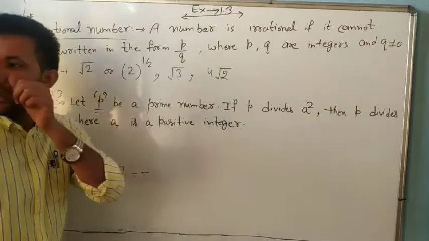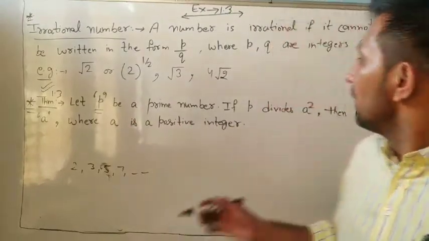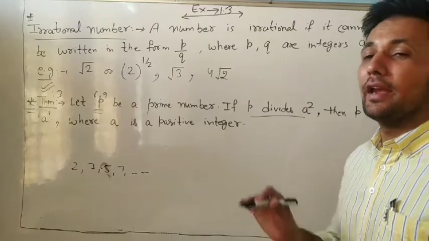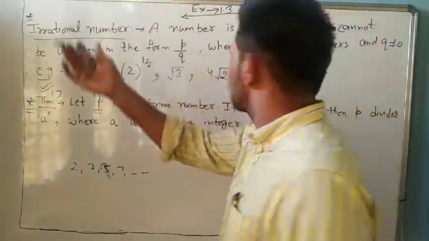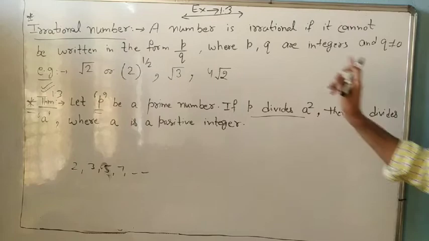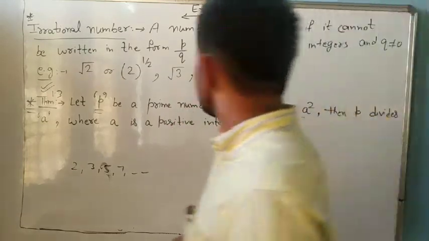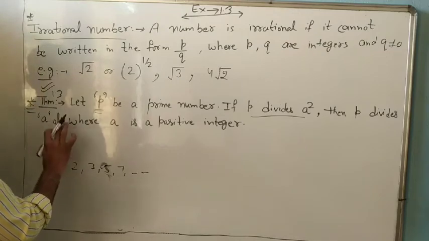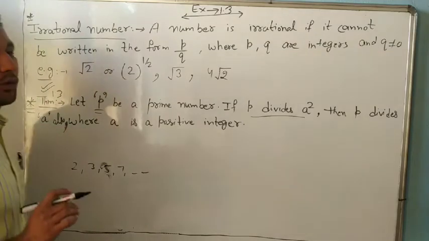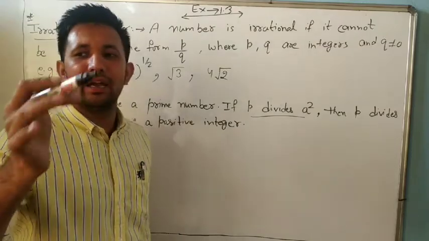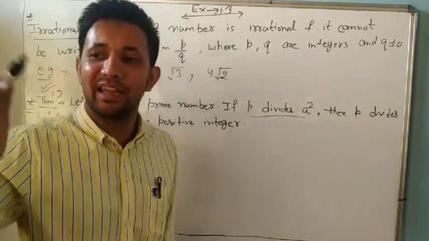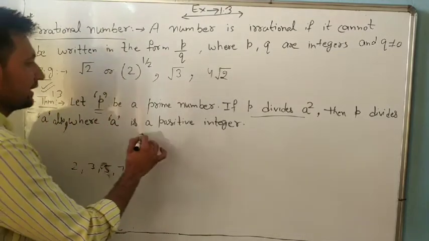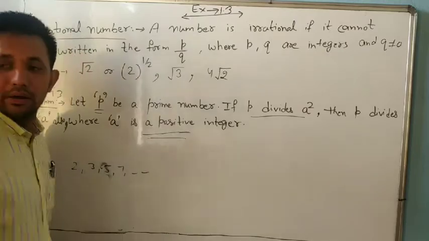If p divides a square, then p divides a also. Only you have to remember: if p divides a square, then p divides a also, where a is a positive integer.